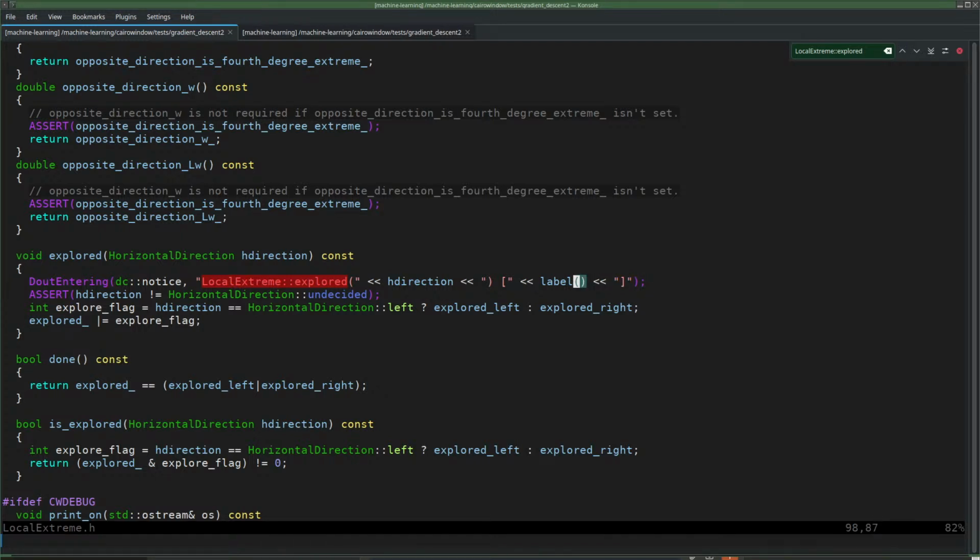And this is the level of a local extreme, which should not go between double quotes.